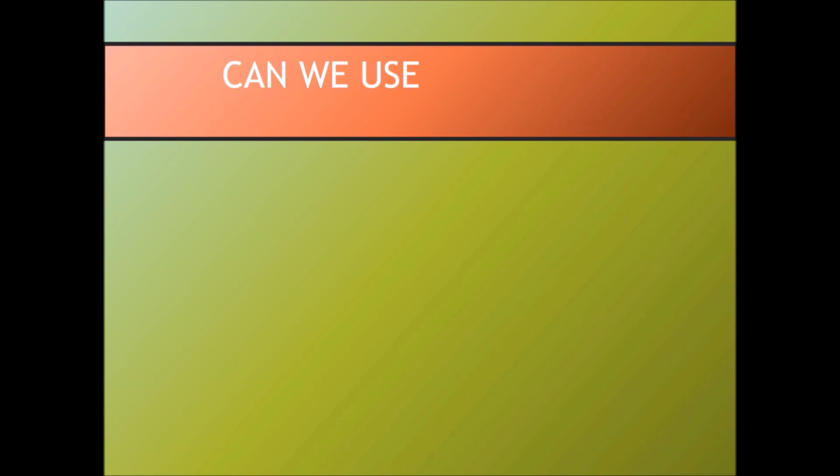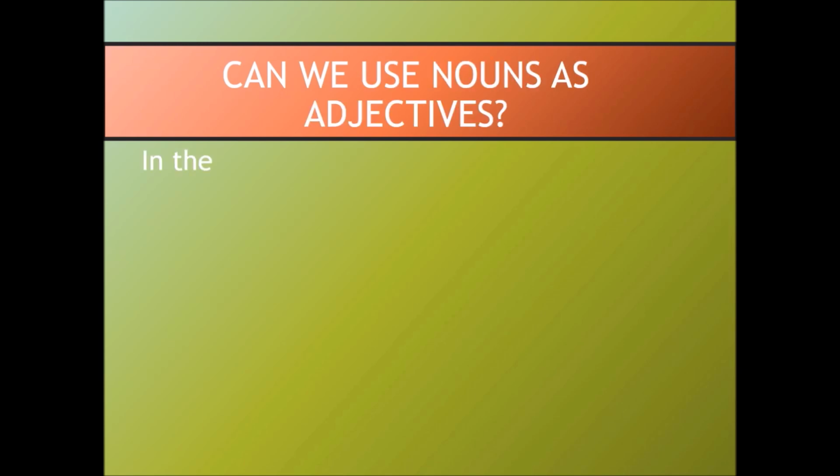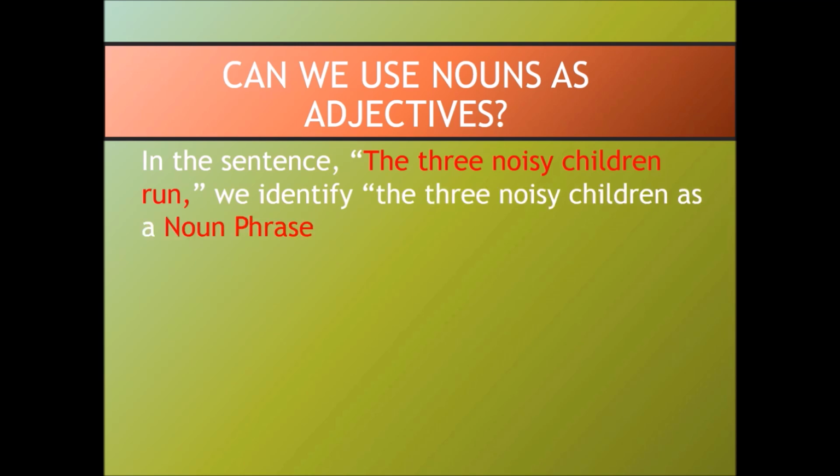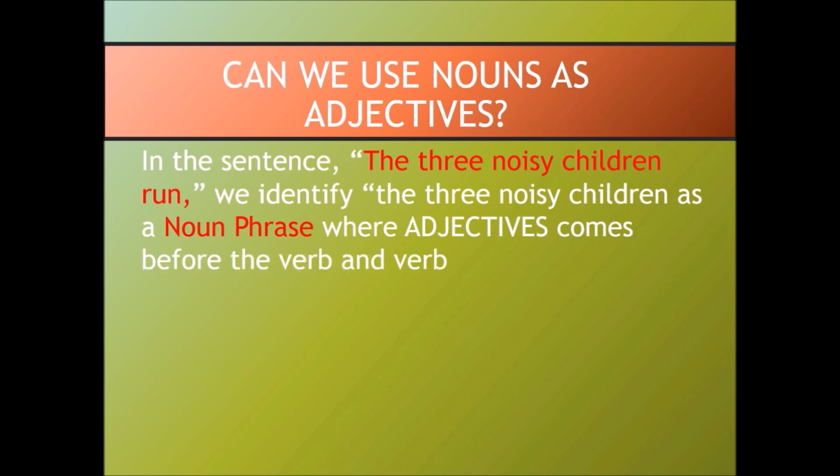Can we use nouns as adjectives? In the sentence, the three noisy children run, we identify the three noisy children as a noun phrase, where adjectives come before the verb, and the verb is a part of the predicate.